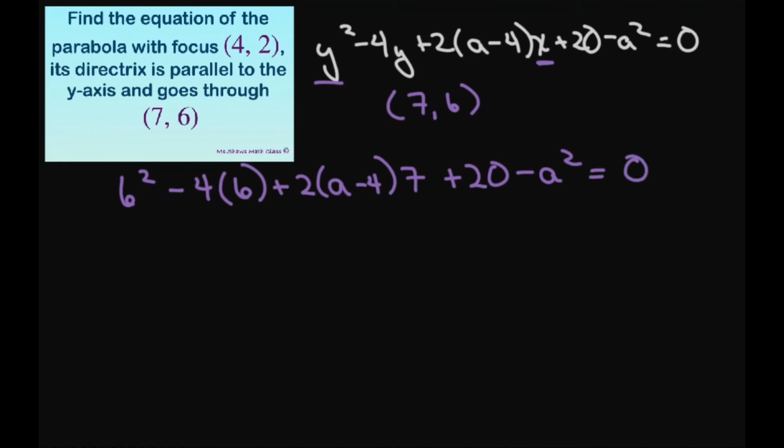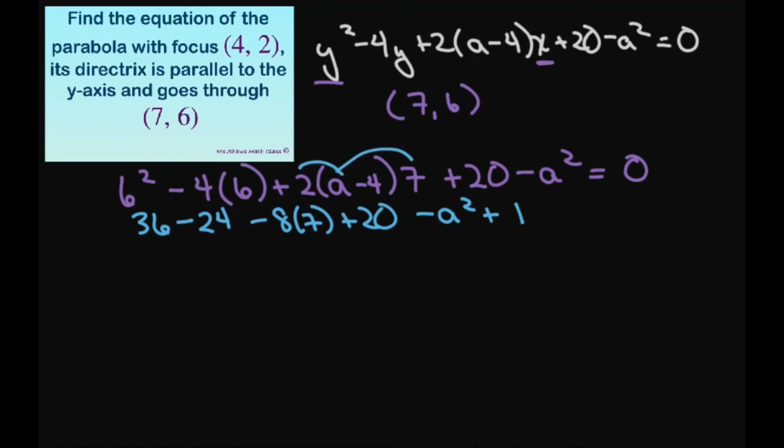So for our constants, we get 36 minus 24, minus 8 times 7 plus 20, and then we're going to have minus a squared plus 2 times 7a, which would be 14a, equals 0. All right, so let's see.